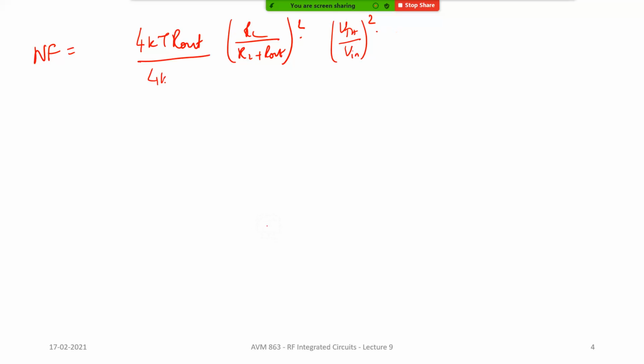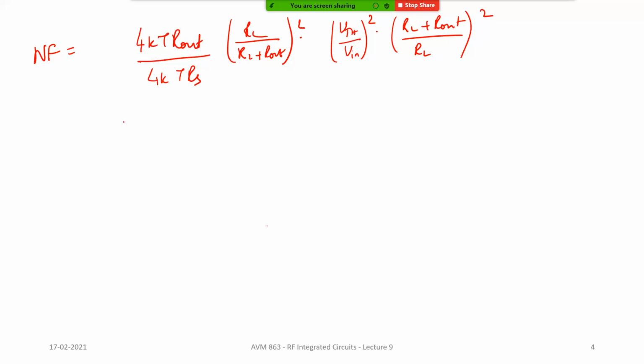You'll basically get 4kT R out into RL divided by RL plus R out the whole squared, divided by the gain, which you can write as VTH by Vin the whole squared, into 4kT Rs, into RL plus R out divided by RL the whole squared.